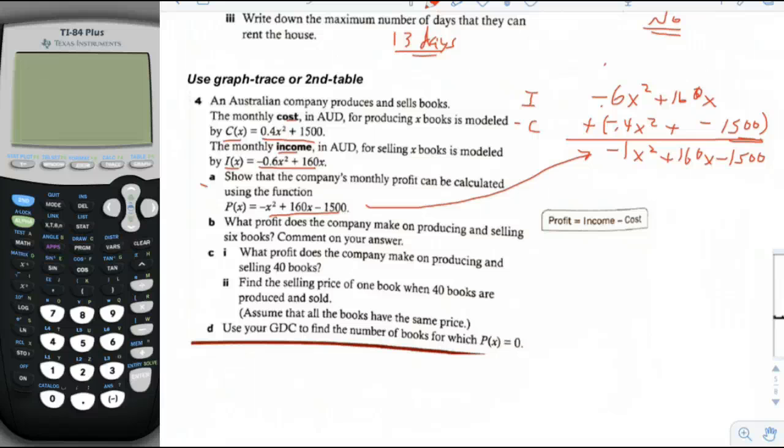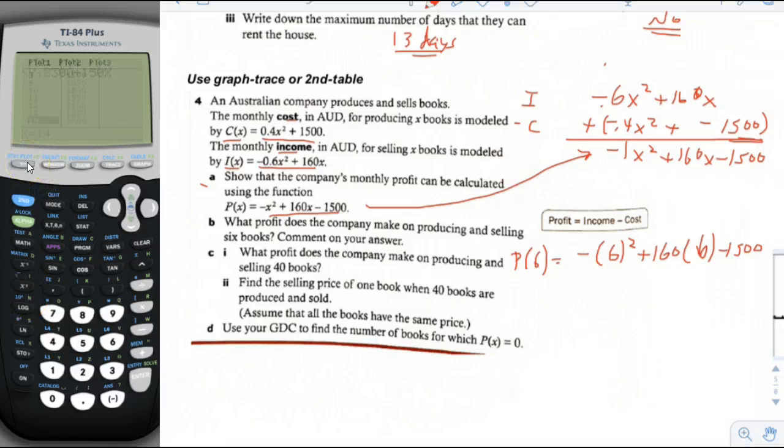Comment on your answer. So basically, if we put an input of 6 into the profit equation, we should get the profit. So we could put negative 6 squared plus 160 times 6 minus 1,500. And why don't we just put the equation in the calculator?